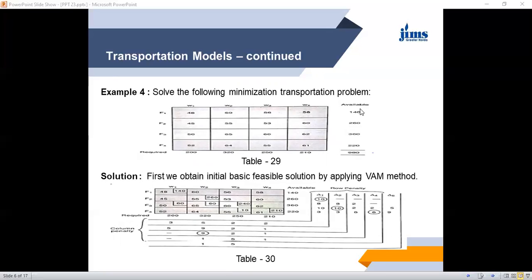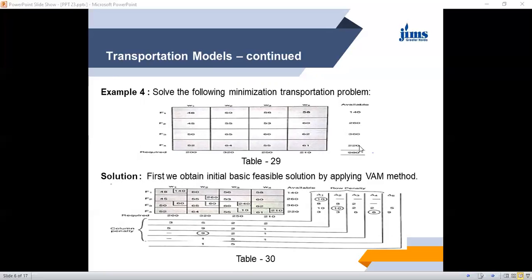So total supply available is 900. Requirement of warehouse W1 is 200, W2 is 320, W3 is 260 and W4 is 210. So this also totals to 900. So total supply is equal to total demand. So this is a balanced transportation problem.